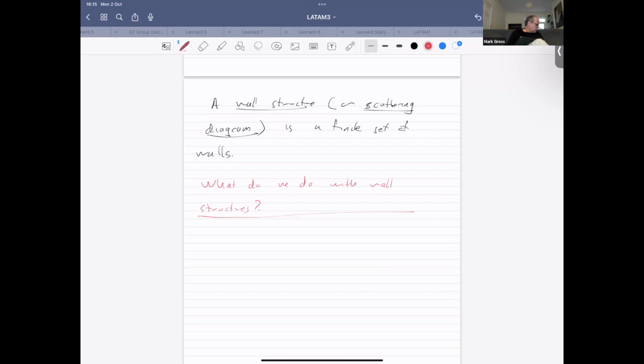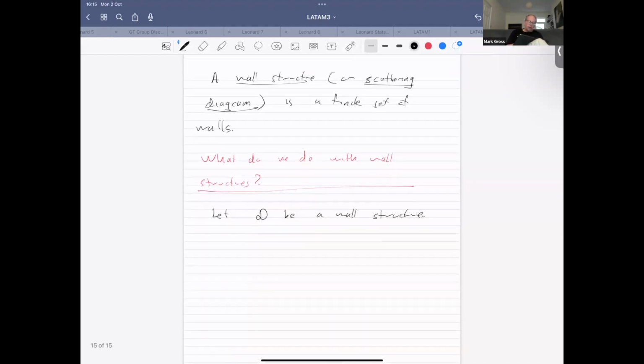Okay, so a little bit more notation. We'll let D be a wall structure. If I were to draw what you should be visualizing here, in 3 dimensions, for example, we have our original B_P and some complicated cone complex.